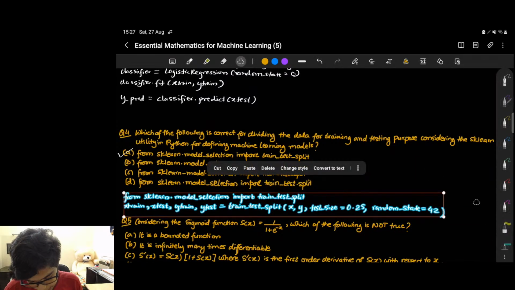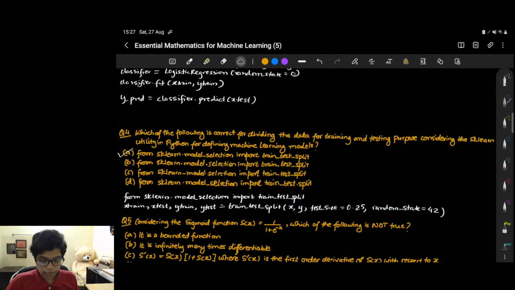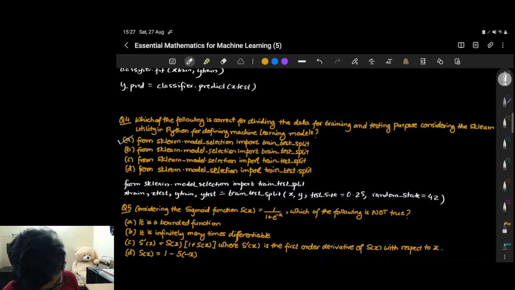What this means is that you are splitting your data set, and this number over here, 0.25, means your testing size is 25% of your entire data set. So 75% of the data you are using to train your model, and once it is trained, you are testing it on 25% of the data points to see how accurately you are able to predict your results.